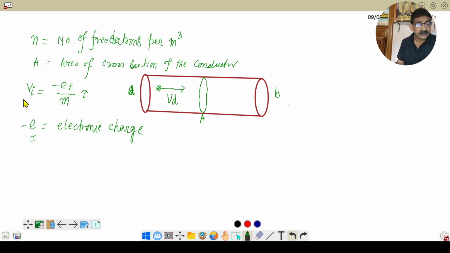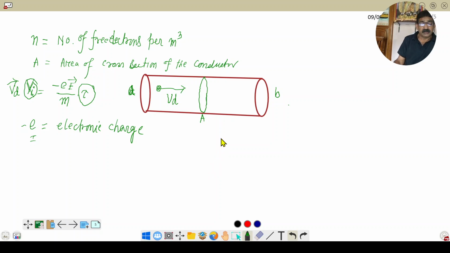So in place of Vi, we can write Vd, and this is a vector quantity, and Vd is independent of time. Tau is equal to relaxation time, and it is applicable for all the electrons. Okay.